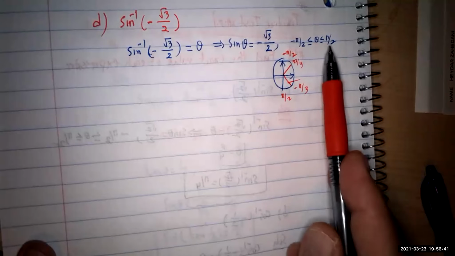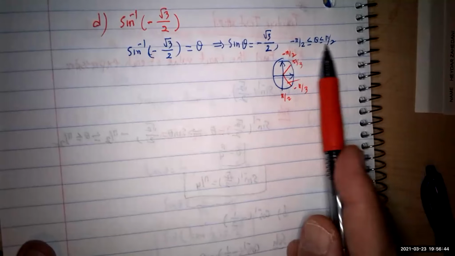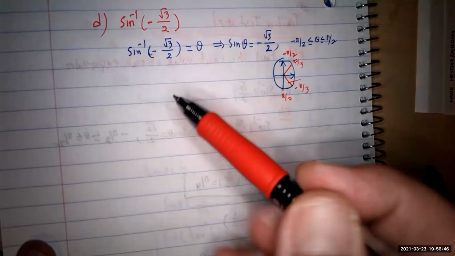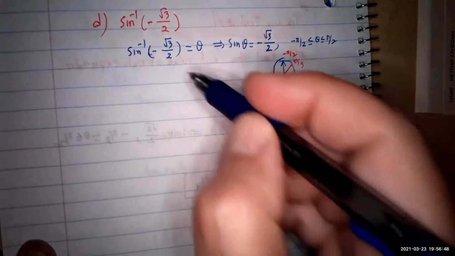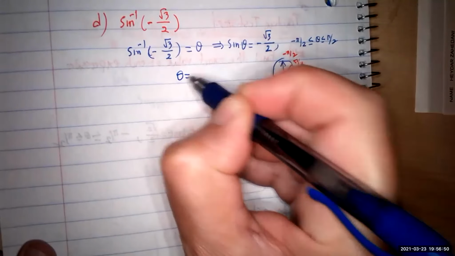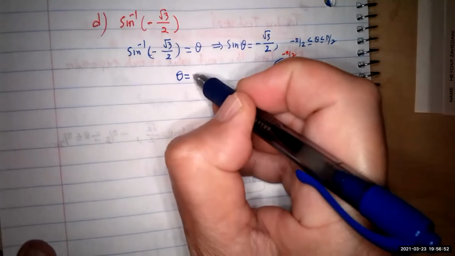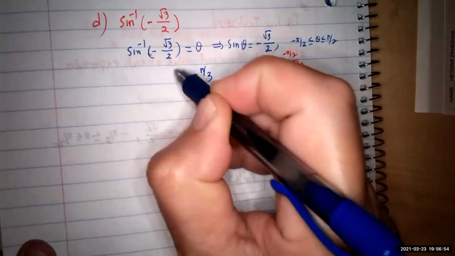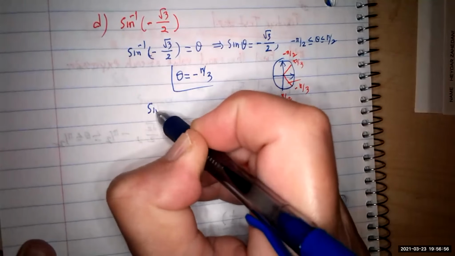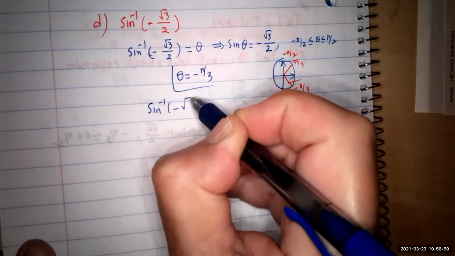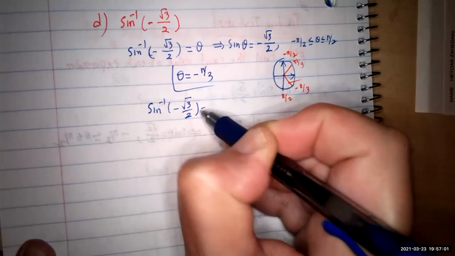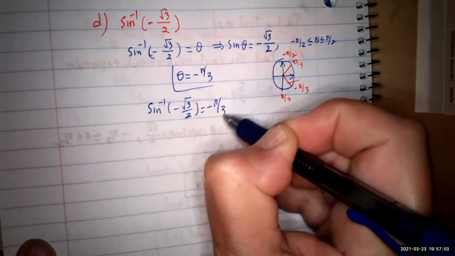So make sure that you write it down in this range. In this range, theta is equal to negative pi third. So the sine inverse of negative radical 3 over 2 is equal to negative pi third.